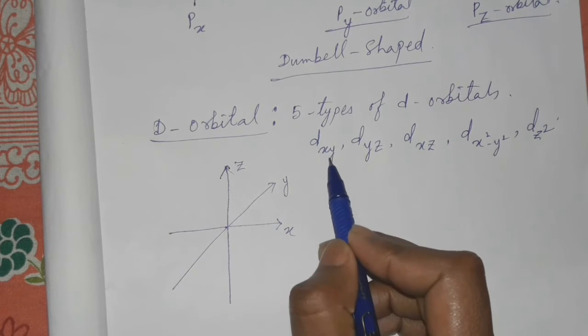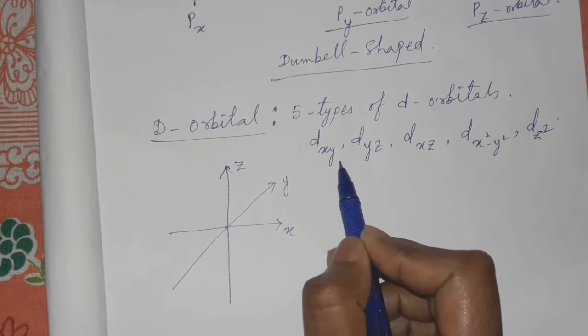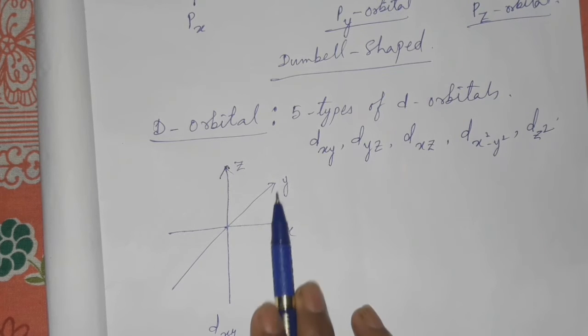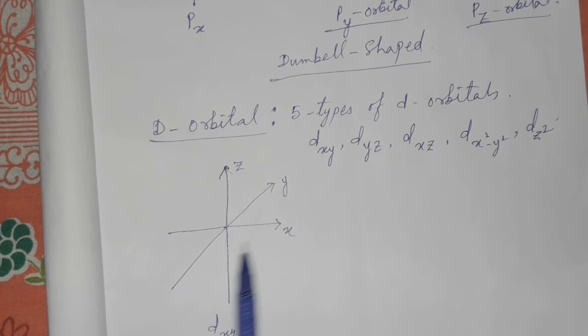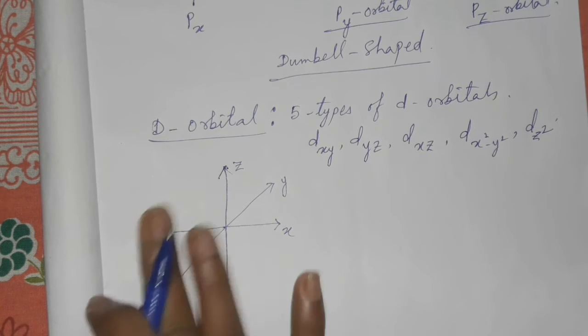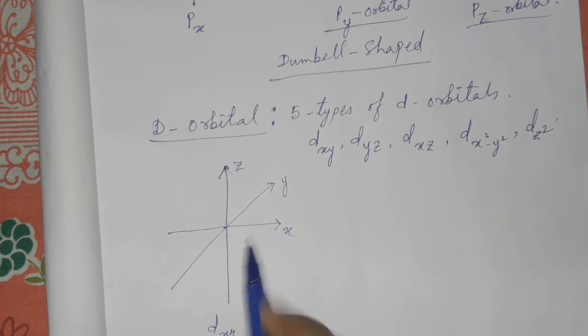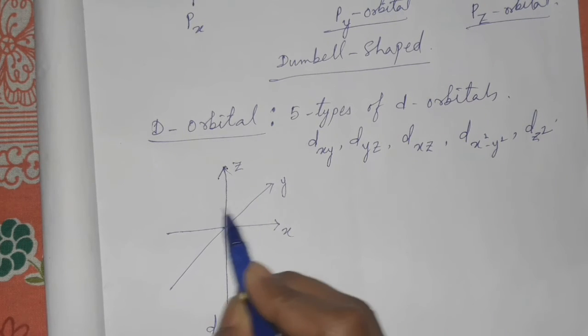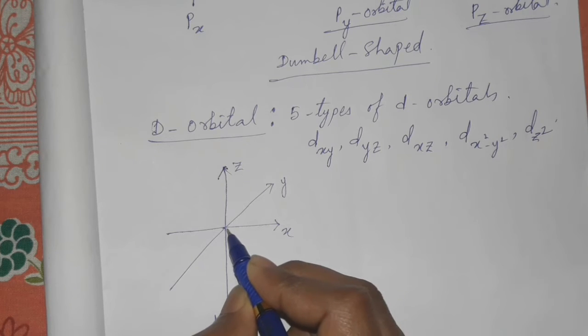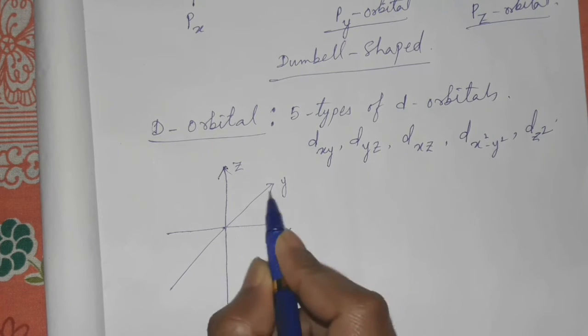Now first of all we will try to draw dxy. See here, x and y are on the plane of the paper. So if you consider this plane, that means the xy plane, the dxy orbital will lie in the plane of the paper, on the xy plane. The lobes will lie in between the axes.